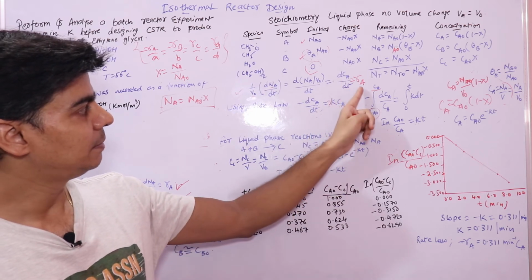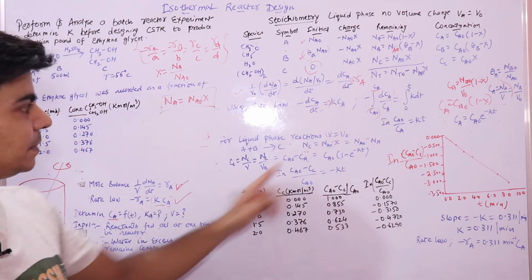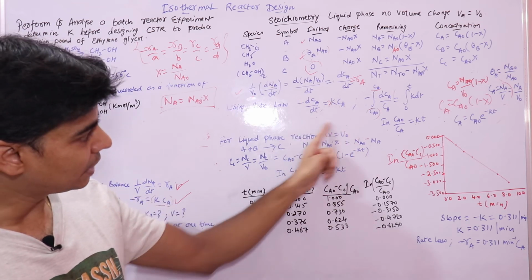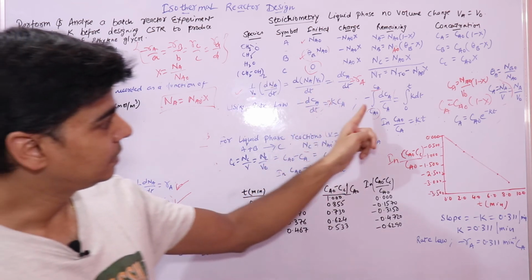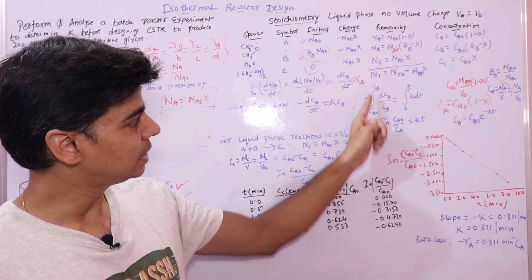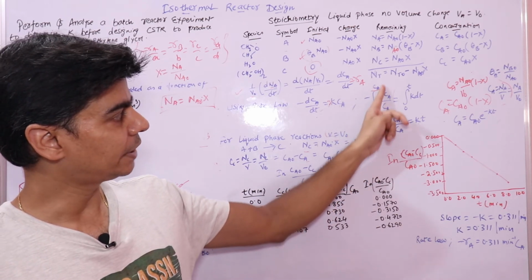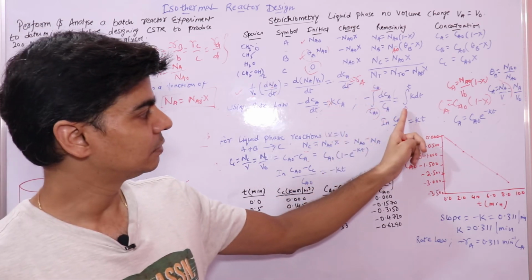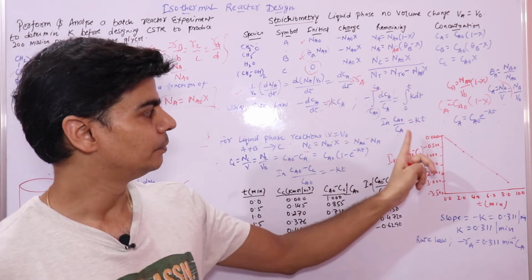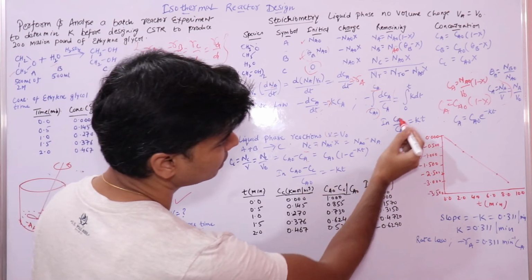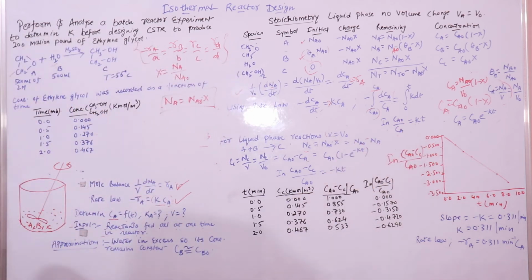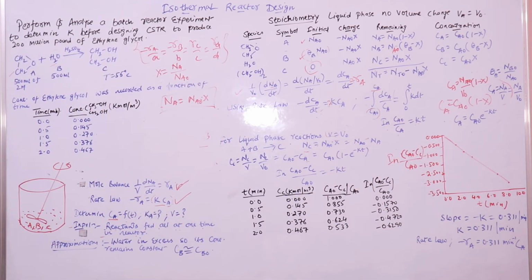In place of Ra we will put from the rate law expression minus kCa. So we will rearrange this equation and then integrate dCa upon Ca from lower limit Ca0 initial to final Ca, similarly time 0 to t. So what we will get is ln Ca0 upon Ca is equal to kt. This is your natural logarithm. I hope this is clear till this point.